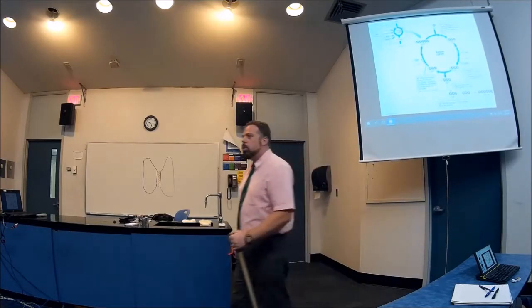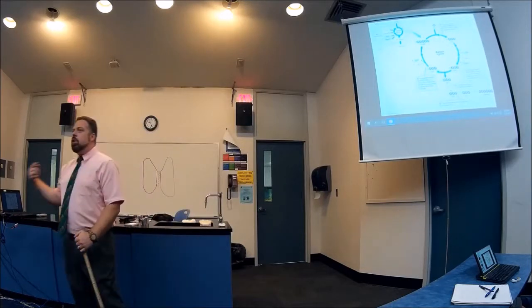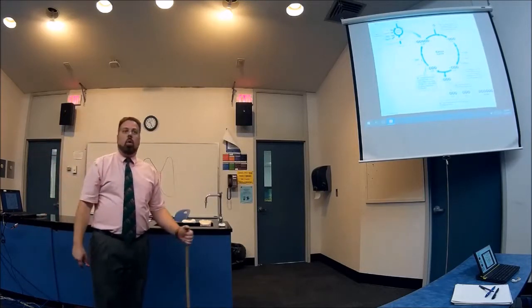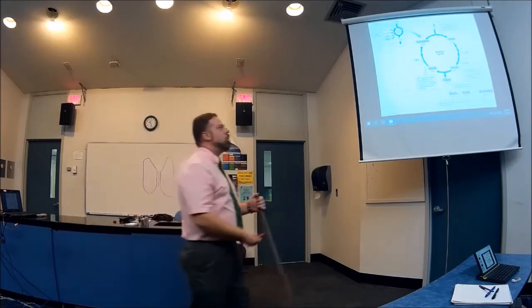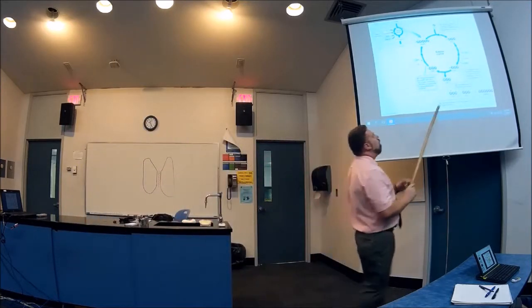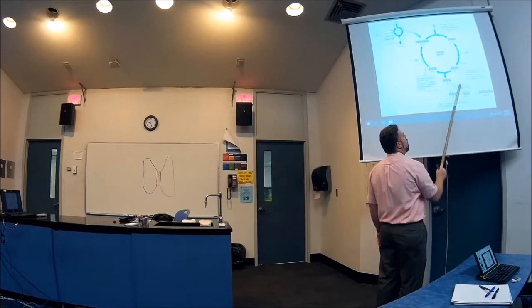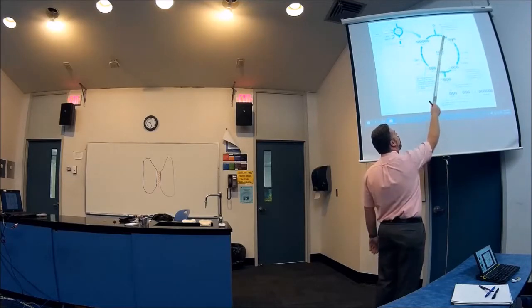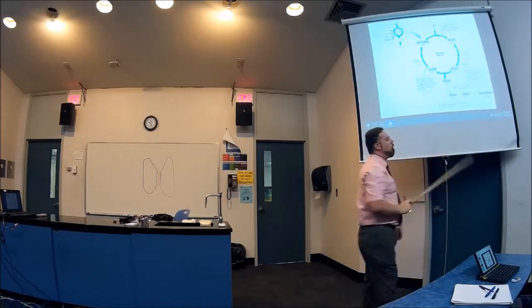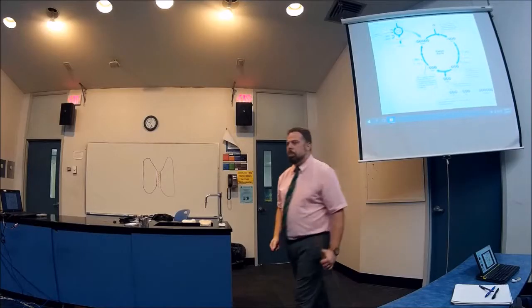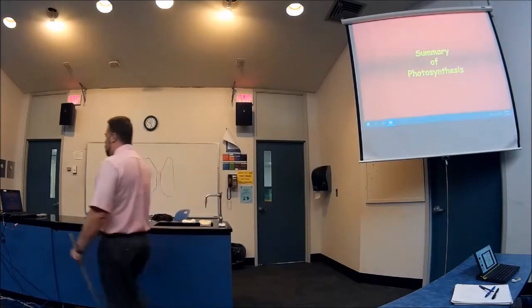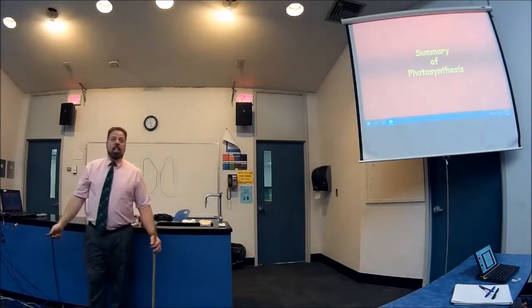Now the sugar can be put into the mitochondria or glycolysis or whichever to make ATP for the rest of the cell. And you can see what happens here, the different steps. 1, 2, 3, 4, 5, and so forth. And that's it.